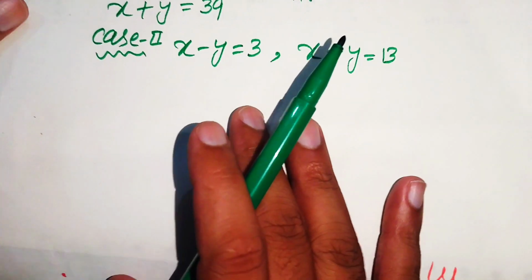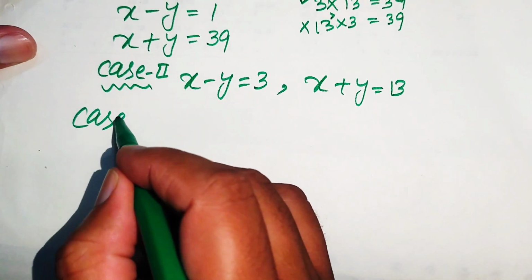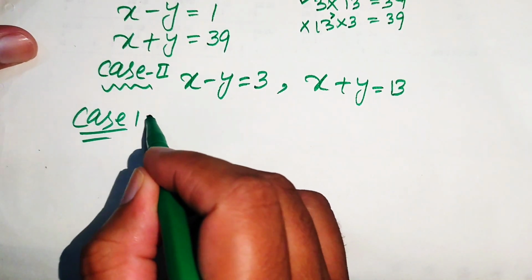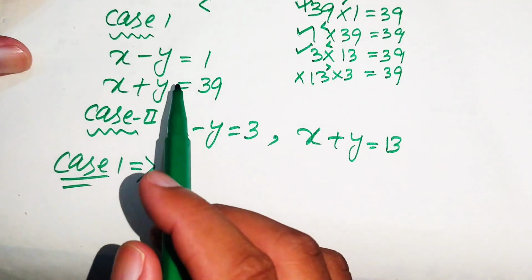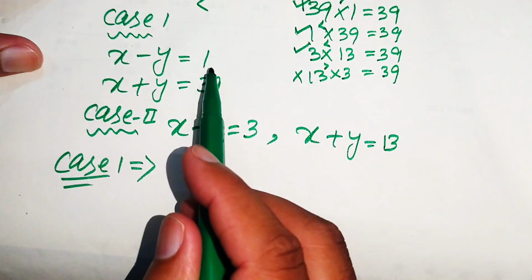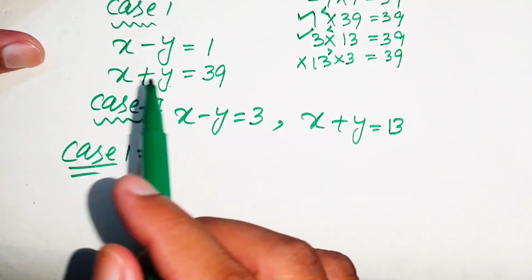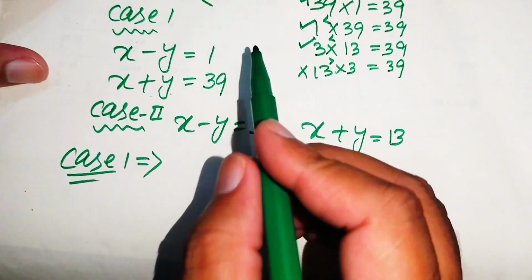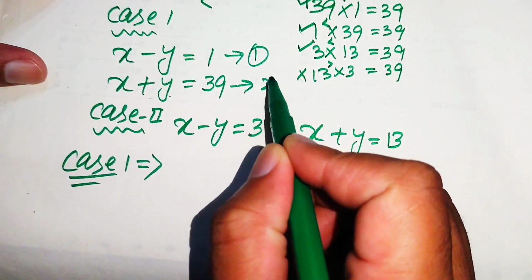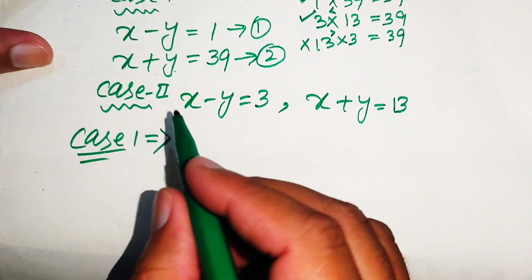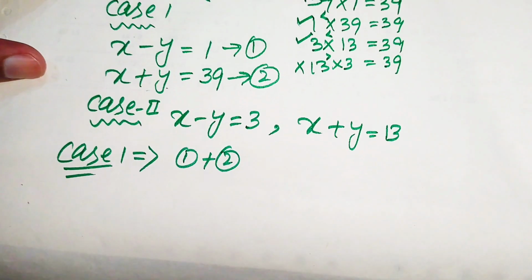First we focus on case number 1. Case 1 is x − y = 1 and x + y = 39. We call this equation number 1 and this equation number 2.